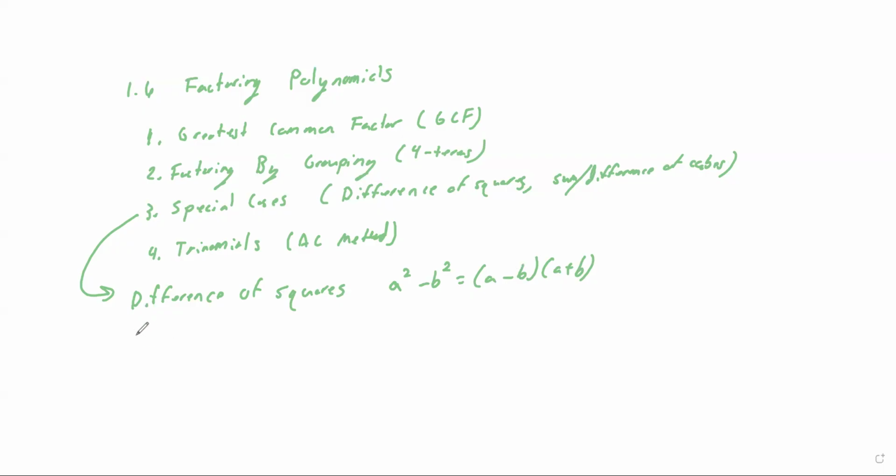Sum and difference of cubes. So your difference of cubes: if you have something like this where you notice they're perfect cubes, you can write it as a minus b times a squared plus ab plus b squared.